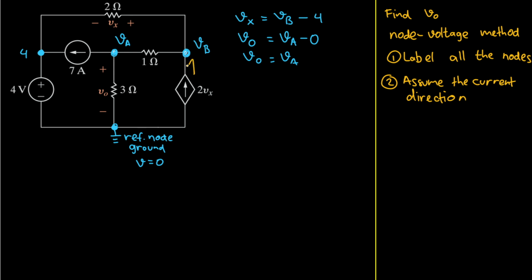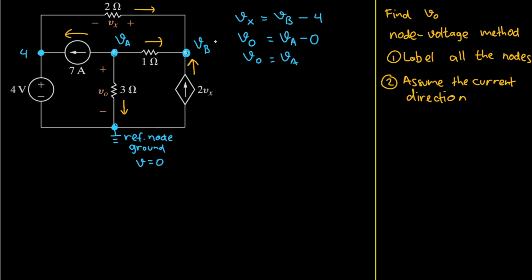So it goes up here, and here it goes to the left. For this resistor here, I assume it is going down, and here I assume this is going to the right. And for this 2 ohm branch, I will assume it is going to the right.